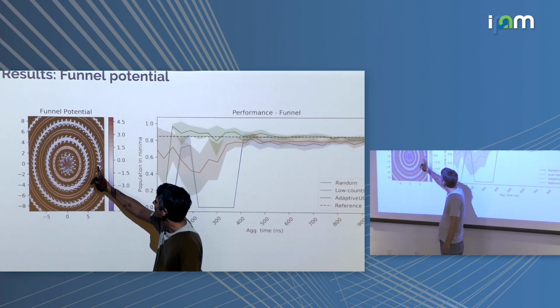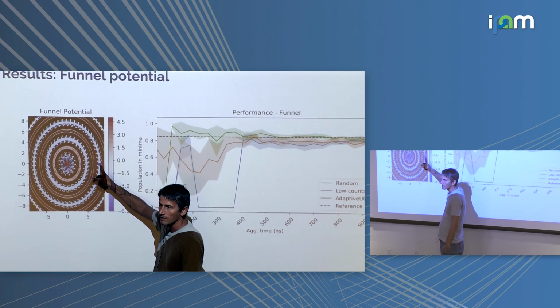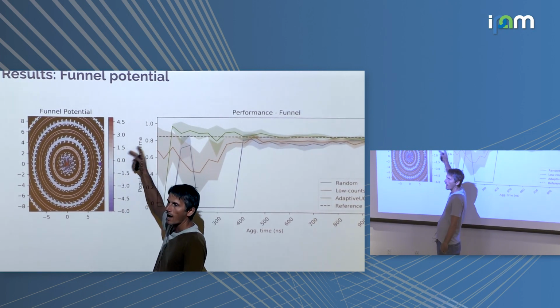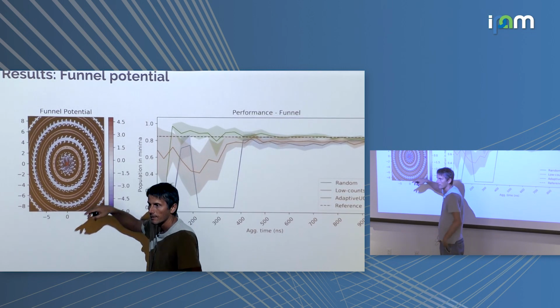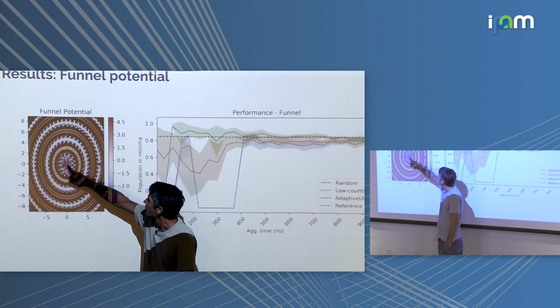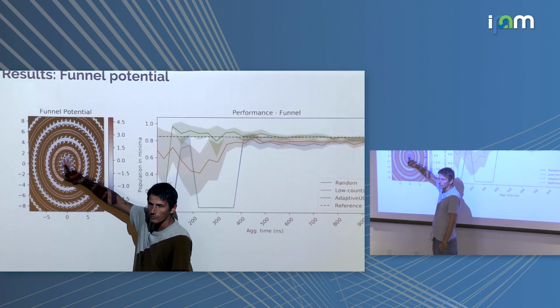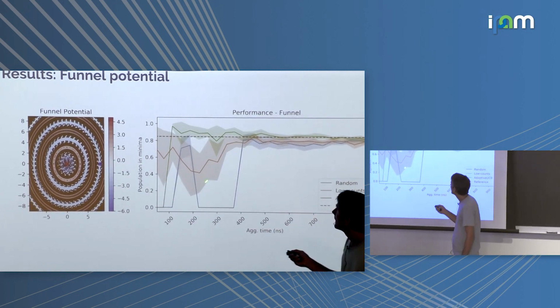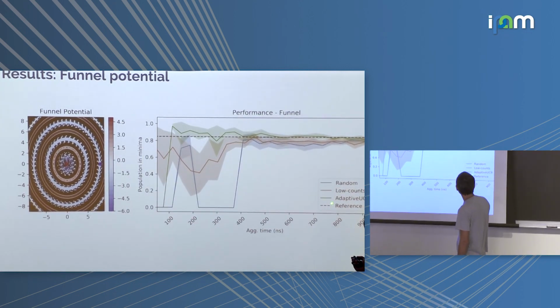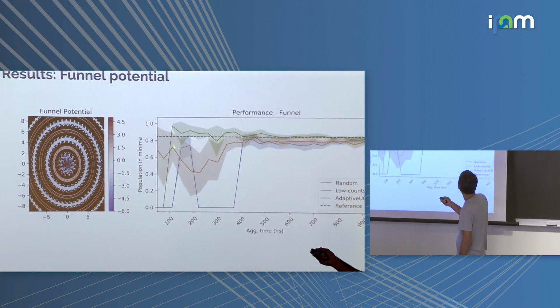So an explorative algorithm starting from here is more likely to explore out simply because the barrier is wider there than in. And so it's less likely to go to the center, which is where the minimum is. And indeed, in this case, the adaptive UCB works a lot better than low count and than random.